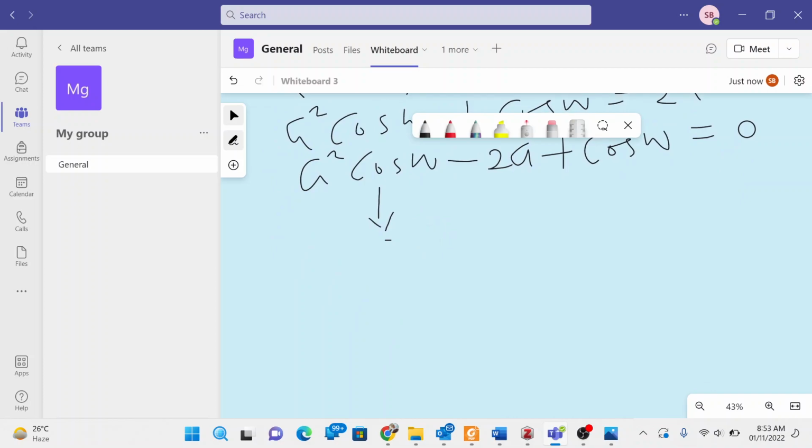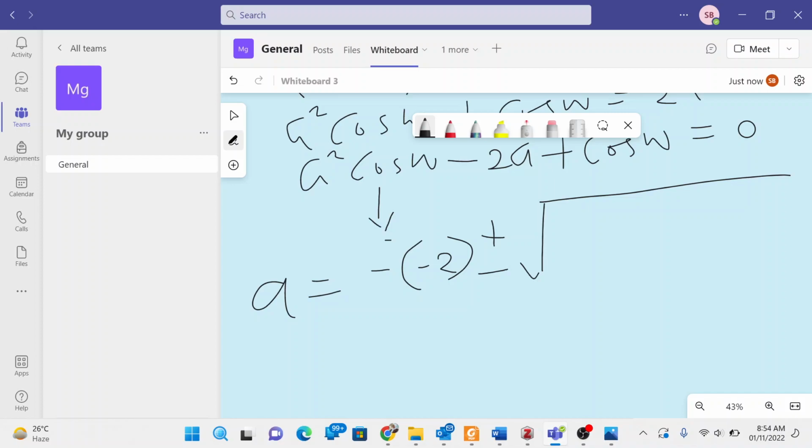So a is going to be minus the middle term, which is minus 2. So that's minus 2. Then plus or minus the square root of b squared, which means the middle term squared, so that will be minus 2 squared, right? Minus 4ac.